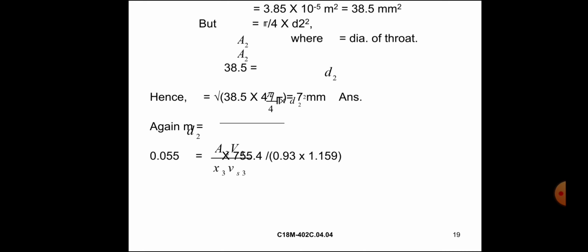Now 0.055 equals A3 V3 by x3 vs3, with 0.93 into 1.159. Hence A3 is equal to 7.85 into 10 power minus 5, which is 78.5 mm square. But A3 is equal to pi by 4 D3 square, where D3 is the diameter at exit.